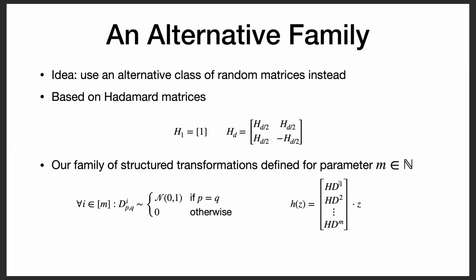Since you have m of these matrices, and each of them is d by d, when you stack m of them together, it's going to be an md by d matrix. So the size of the final embedding is going to be m times d, because you have m of these matrices and each of them results in d entries in the output.